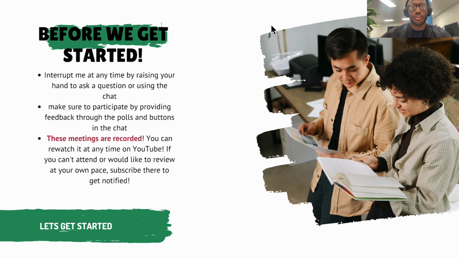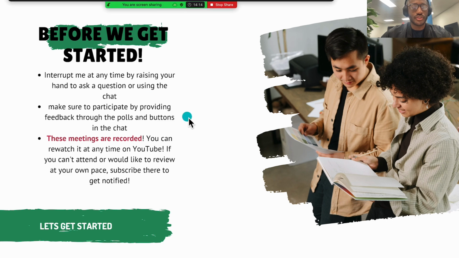I don't want to get lost in the sauce and talk too much. I want it to be an open conversation so that we can all learn and contribute together. You can also participate by providing feedback through polls, which I want to start doing a little bit more. Usually I do these polls at the beginning of the meeting. We'll do one right after, actually, if it works. I'm not sure if it will because Frank is here.